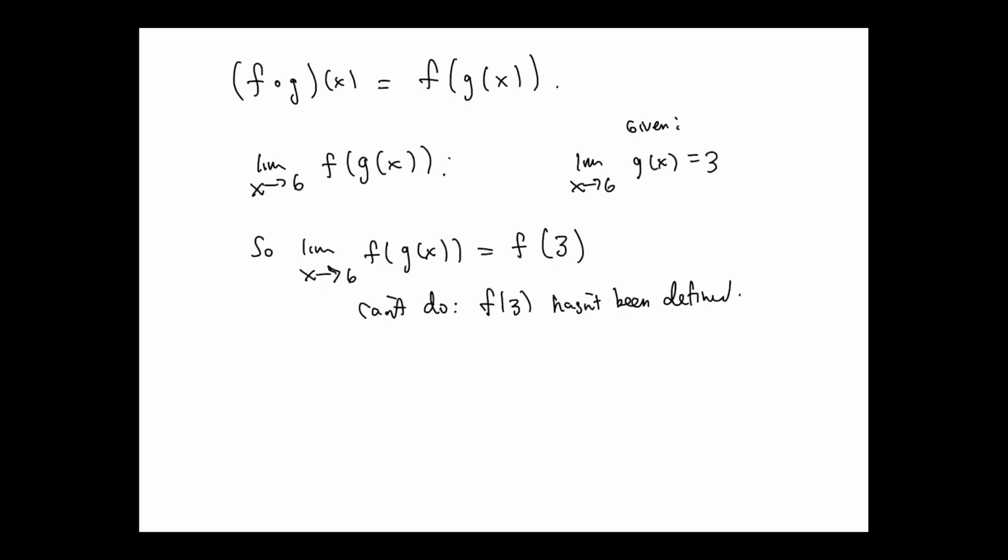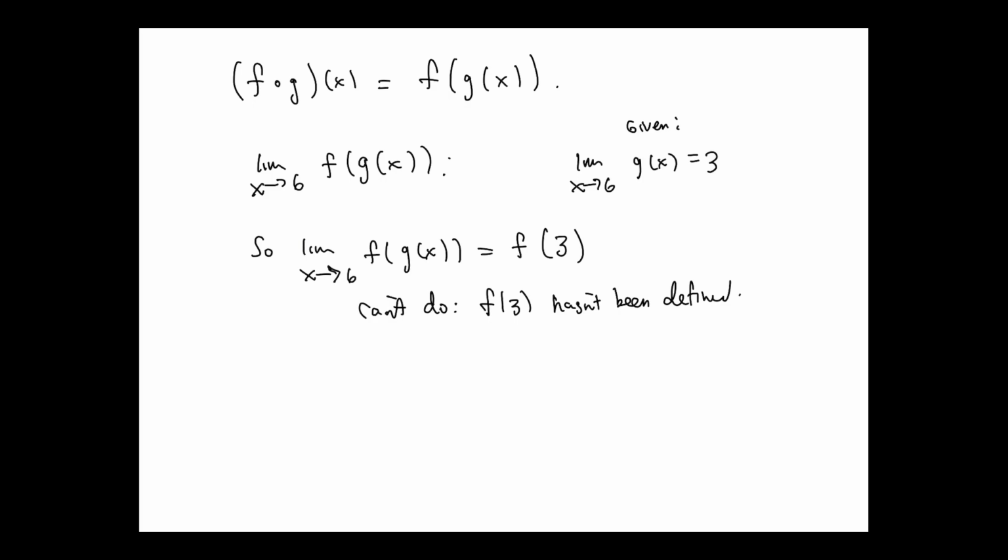Okay? Now, I just kind of did something, which is I effectively just slipped the limit inside the function f. Okay? And whether or not I'm allowed to do that, we kind of need to know a little bit more about f to justify whether that's okay. Okay? But in this case, we're kind of boned anyway because we don't know what f of 3 is.